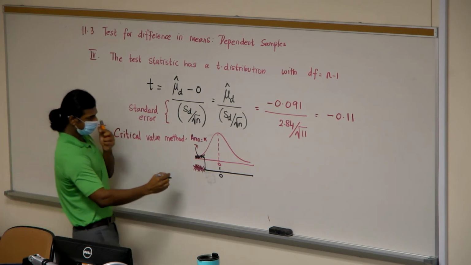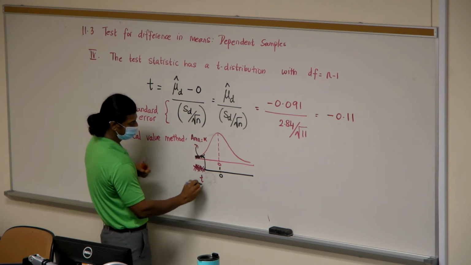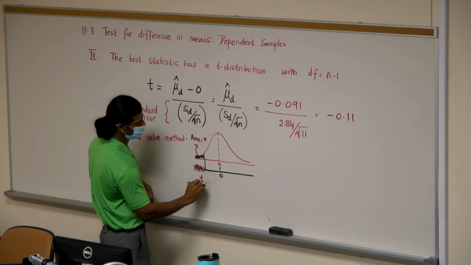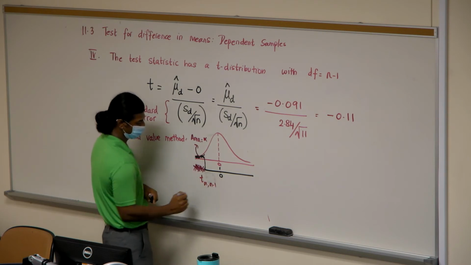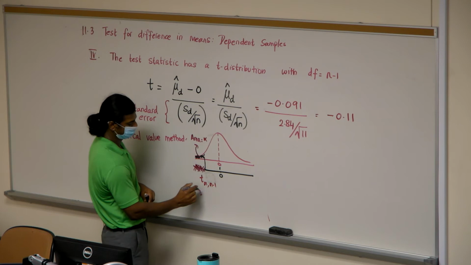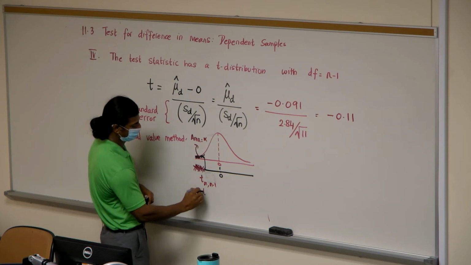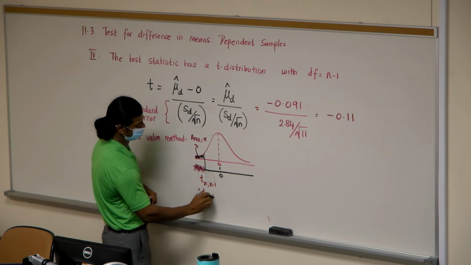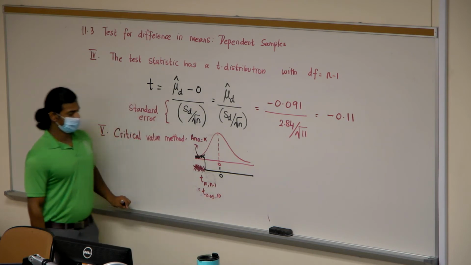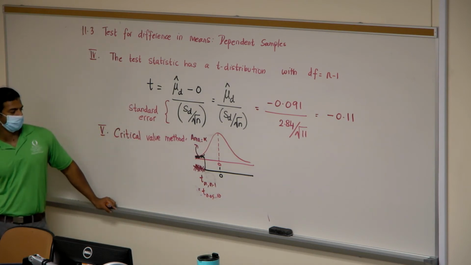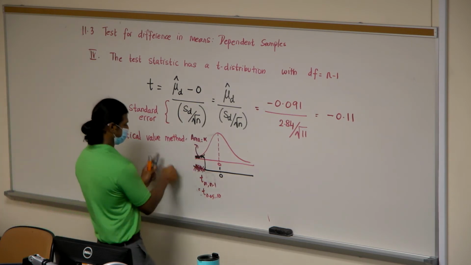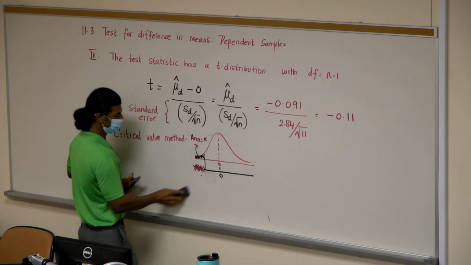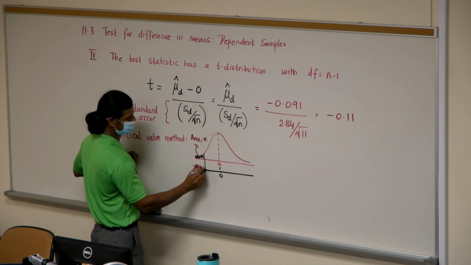So the notation here would simply be t sub the area below, and the degrees of freedom, which is n-1. So t sub 0.05, 10. I'll write it over here so that you can see.